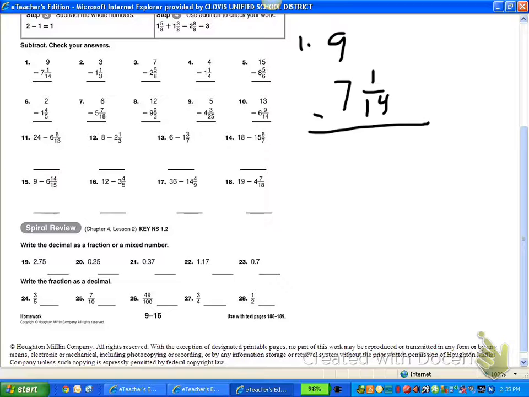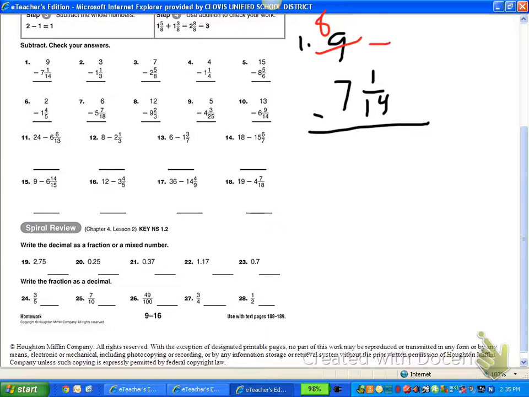So for number 1, we have 9 minus 7 and 1/14. I know the whole number is kind of right above the fraction, but that is not a fraction. That is just 9 minus 7 and 1/14. So what we've been doing, rename the 9 and make that an 8.